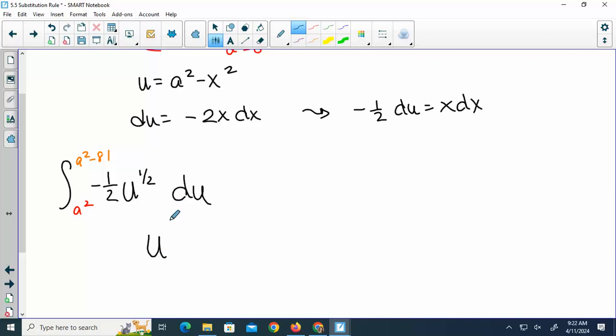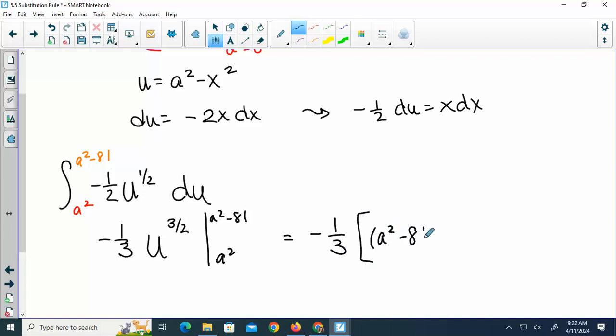Antiderivative, add 1 to the power, so 1 over 2 plus 2 over 2 would be 3 over 2. You need a 2/3 in front, times a negative 1/2 would be a negative 1/3. So the negative 1/3 we could pull out in front. And then just have a squared minus 81 to the 3/2 minus a squared to the 3/2.